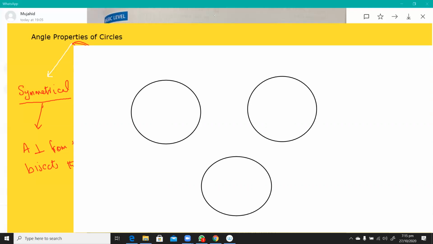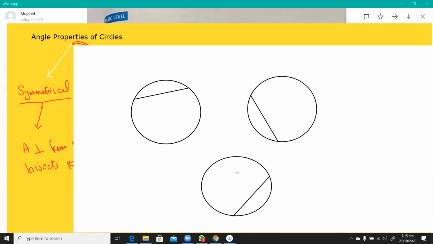Suppose it's your birthday and you have a ruler with you. You keep a ruler on the first pizza like this. This is the ruler over here. And then you put the same ruler over here, and then you put the same ruler onto the third pizza like this.